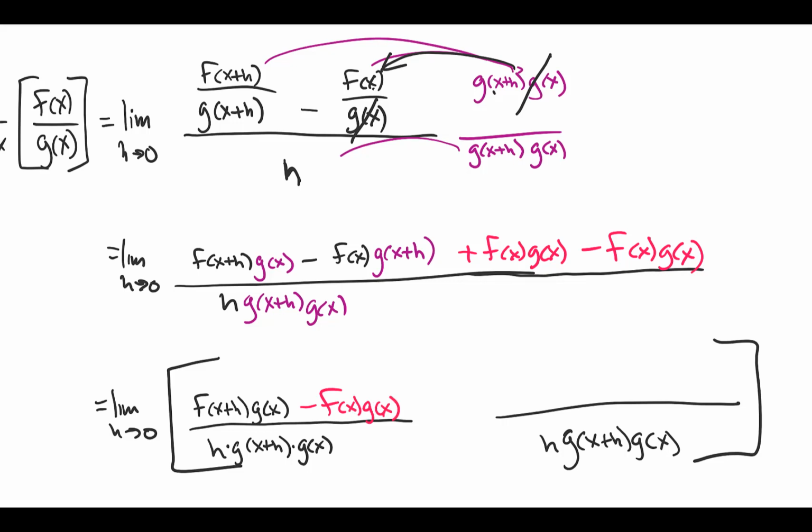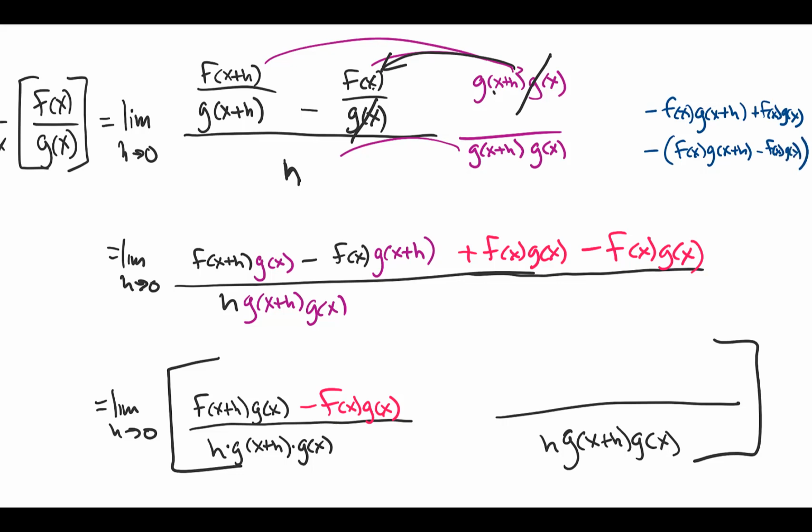Now, here's the weird part. Let me write this off to the side: f of x times g of x plus h, plus f of x g of x. Oh, but wait a second. This has a negative in front of it. Now I want to factor the negative out to the front so that our leading term becomes positive, but it's going to change the sign in the back end.